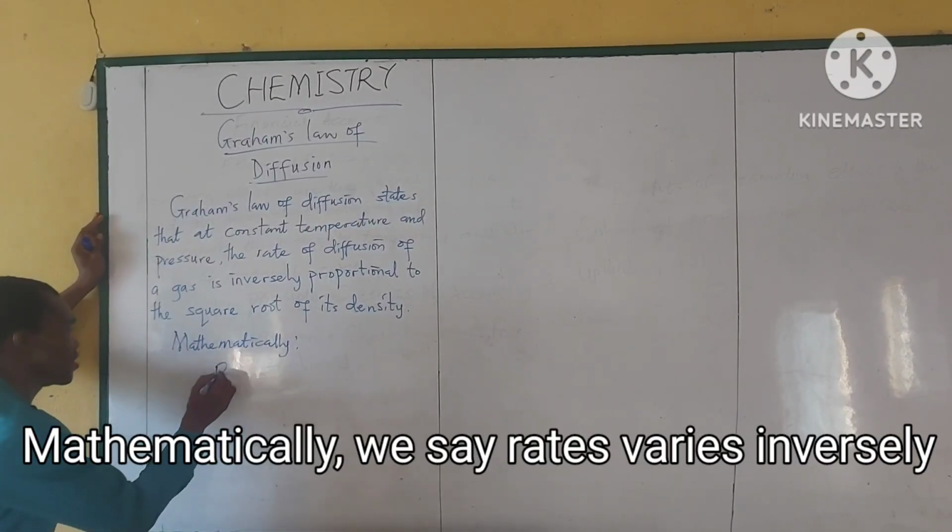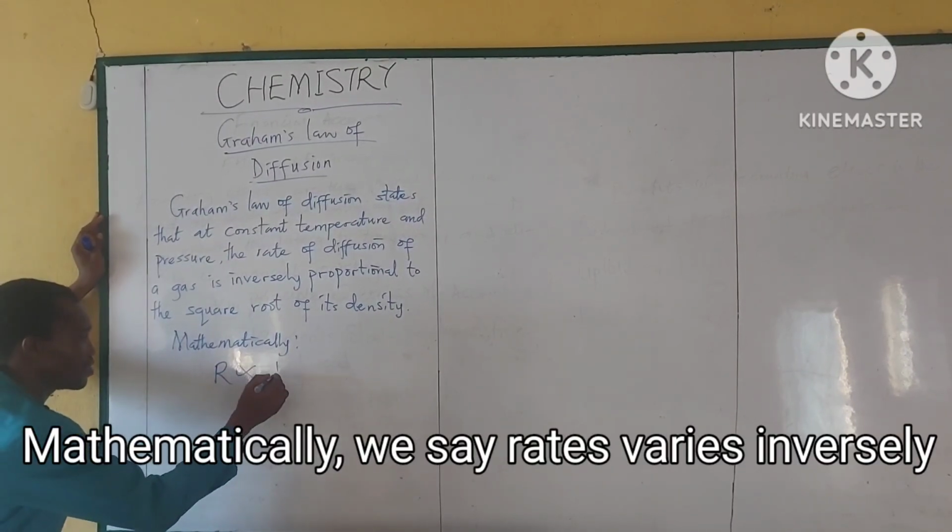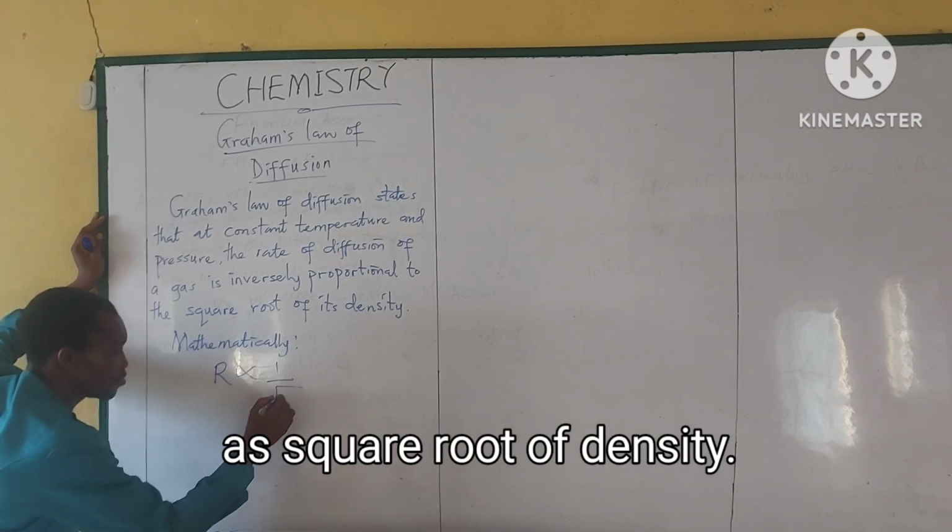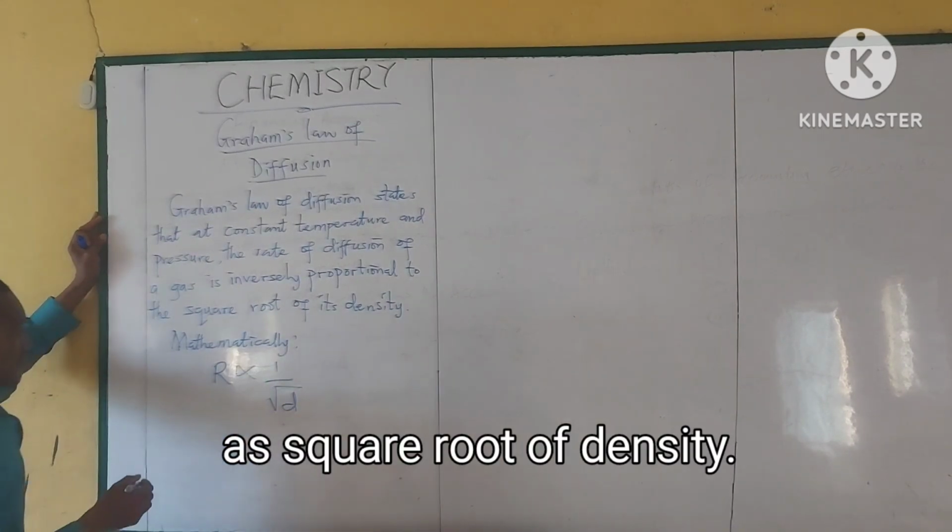Mathematically, we say rate varies inversely as square root of density.